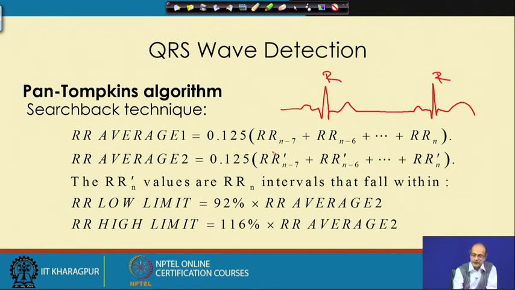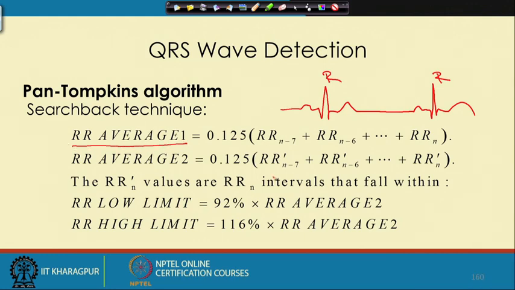The first one takes the raw one: whatever peaks we get, we take the corresponding RR intervals, and that gives rise to RR average 1. And from these raw RR intervals, we refine them, and the refined estimate is taken as RR dashed, which is used to calculate the second average.